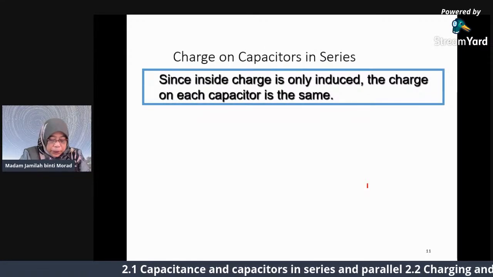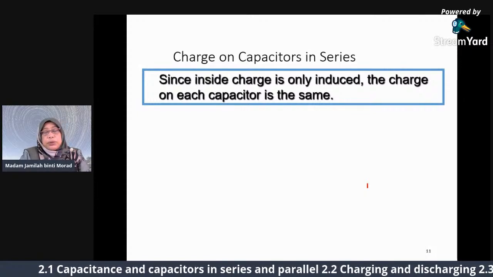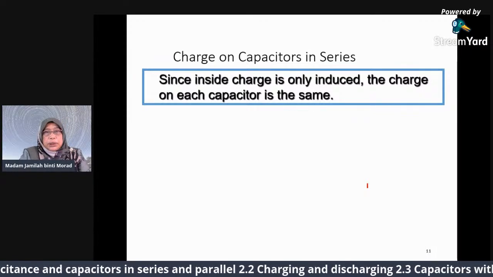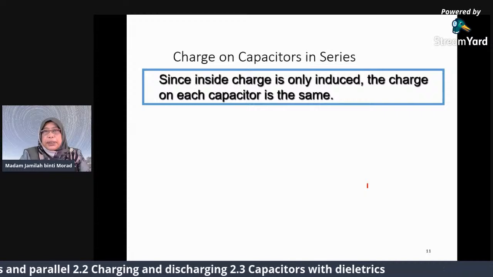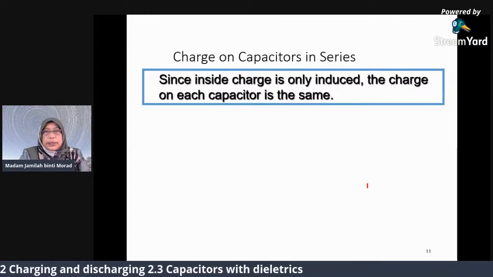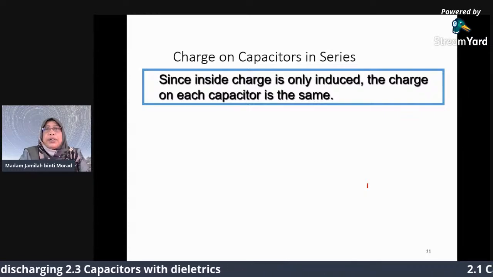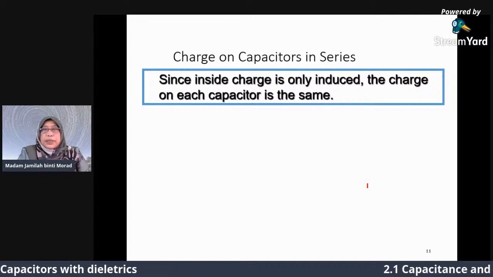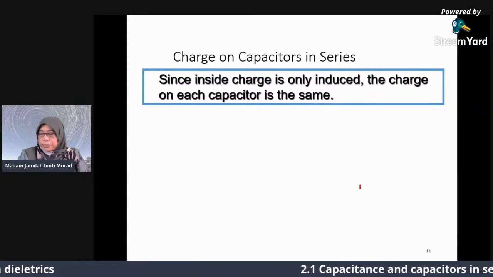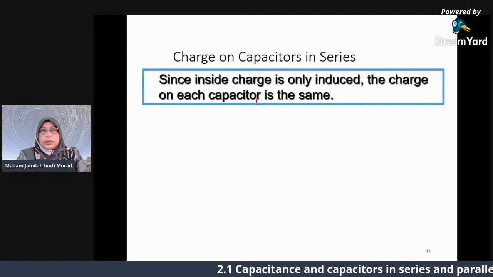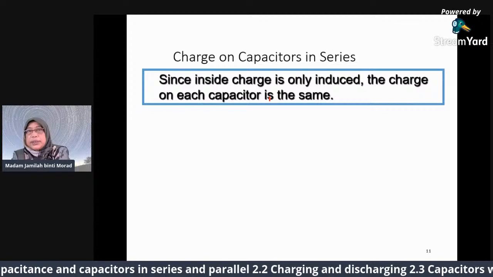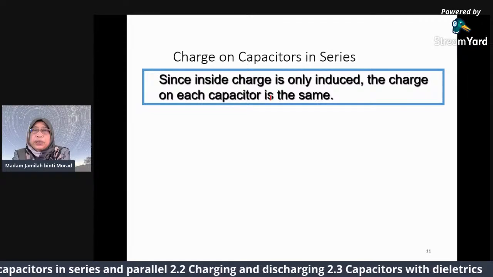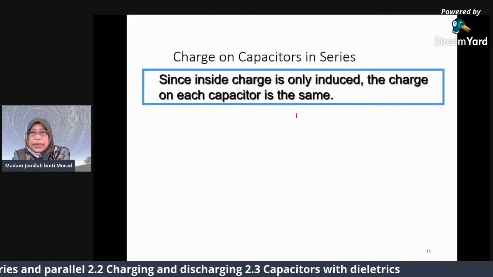Using the equation C equal to Q over V, or Q equal to CV, we will look into the charge on capacitors in series. The conclusion that we can make when you have capacitors arranged in series is that the charge on each capacitor is the same. This is the characteristic of capacitors connected in series in terms of the charge.